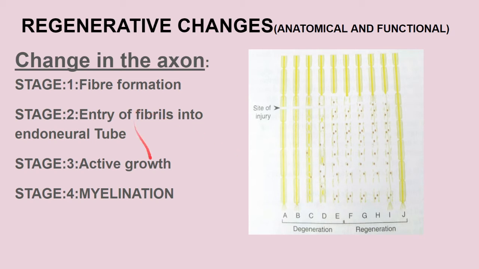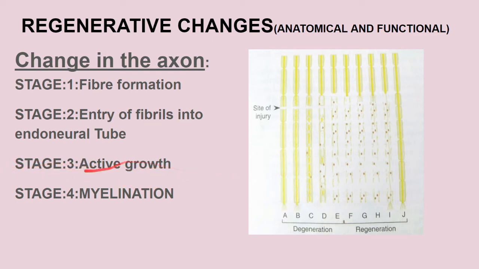Now next is the active growth stage. Over here, the axonal fibril growing through the endoneural tube enlarges and establishes contact with the peripheral end organ. So the fibril associates with the peripheral end organ, and the new axon formed in this way is devoid of myelin sheath. Remember, up till stage 3 there is no myelination of the neurons, so they are still weak.